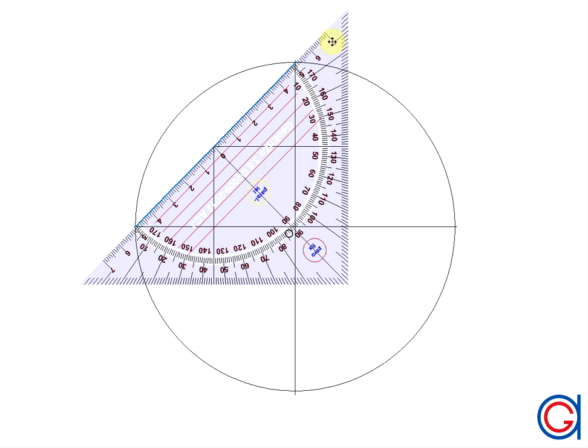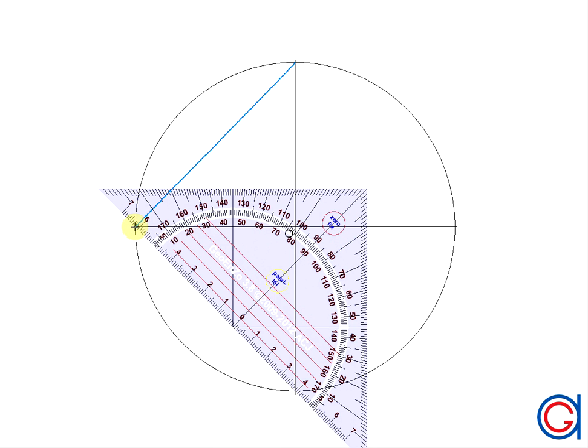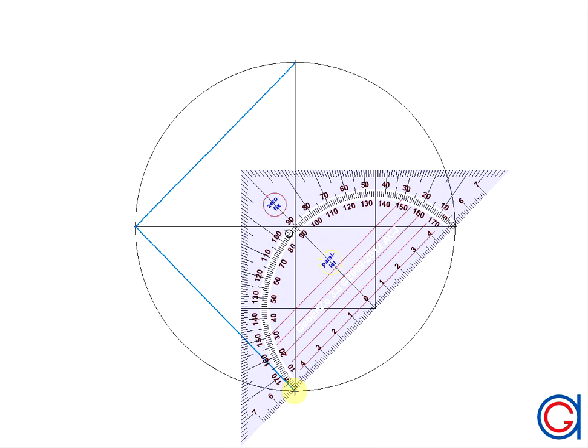We can join these 4 vertices to complete our square, and as can be seen here, we obtain a perfect square.